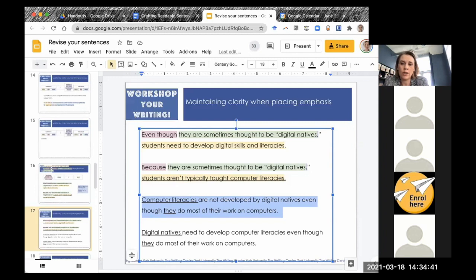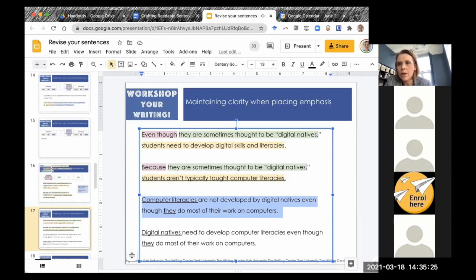But if you then go and try to revise that sentence to make it more complex, to add other elements to it, you're probably going to end up introducing grammatical issues because of that passive construction. So if you're the kind of writer whose professors comment that you have great ideas, your writing's just not very clear, try to avoid passive construction. It's just one of those things that when you feel more confident in the clarity of your writing, you can then start to use it. But in general, that's why people recommend that you avoid it.